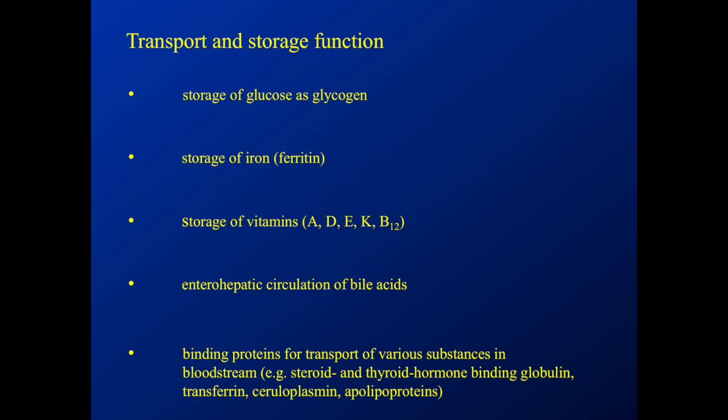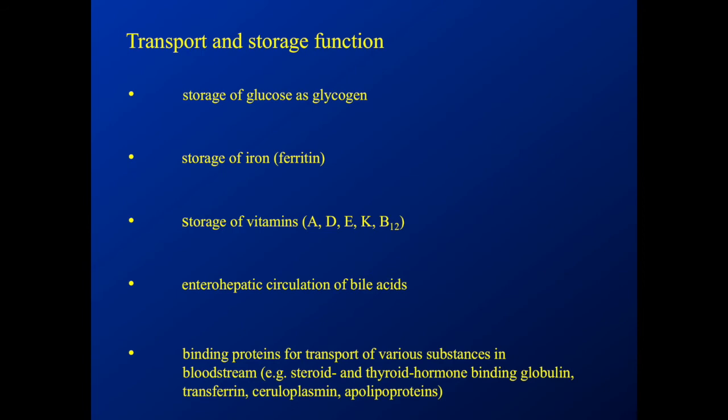And then there's a transport and storage function. The liver is a very important source of glycogen. Glycogen in the muscle can't alter the blood glucose levels in your body, so that's left to the liver store of glycogen to regulate your blood glucose supply.